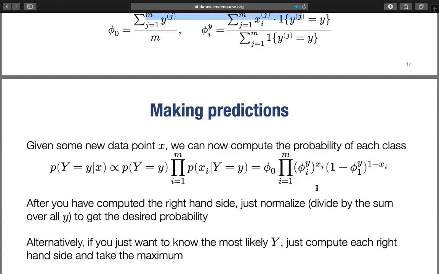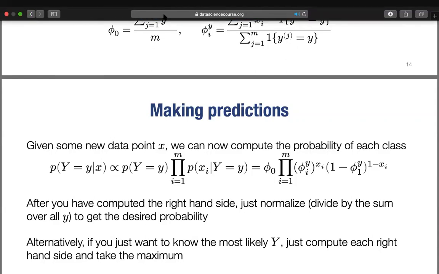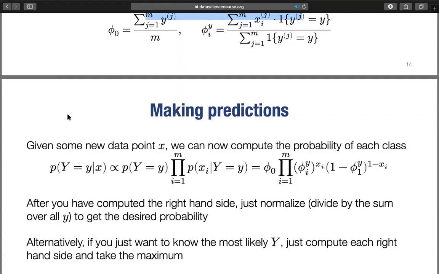Everything we wrote has cleared. But don't worry, we know this is what it is. Let me write it again somewhere here. I'm not so used to this pen, and it can be frustrating. So it is φ0 of this, product for i equals 1 to m, of φ_i y and 1 minus φ y. So this is what it is.